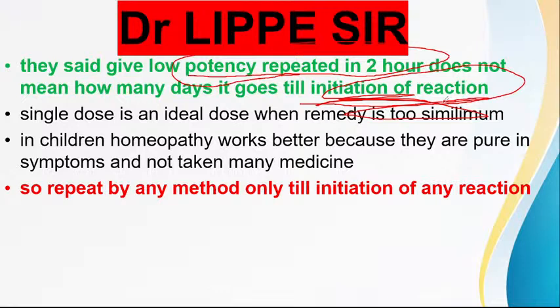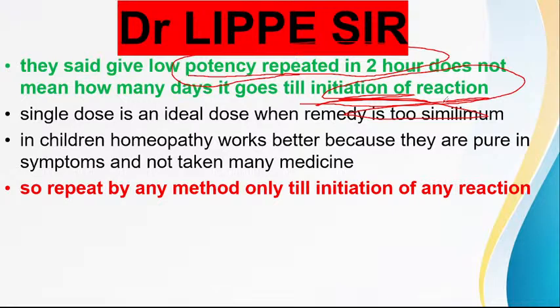Now when we talk about children, if we take a data analysis or comparison, the chances of improvement in children are so much better in comparison to adults and the old. This is because children are basically pure, their symptoms are pure, they do not mix their symptoms, and they have not taken so many medicines.